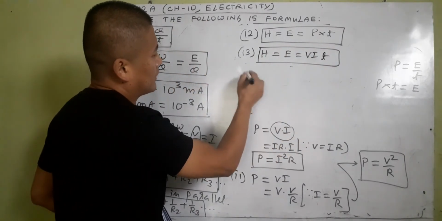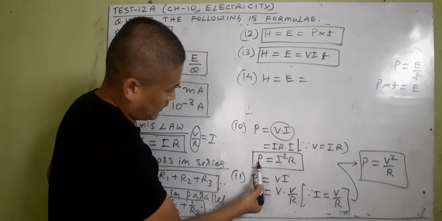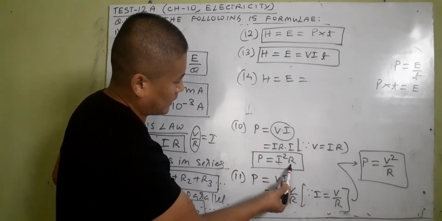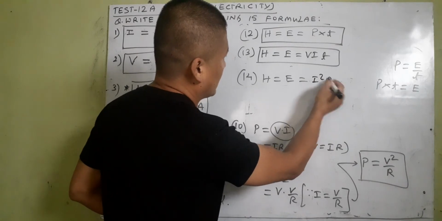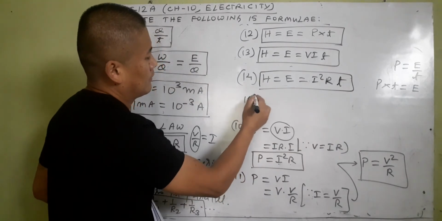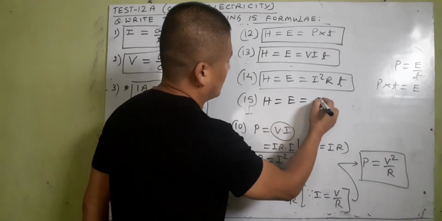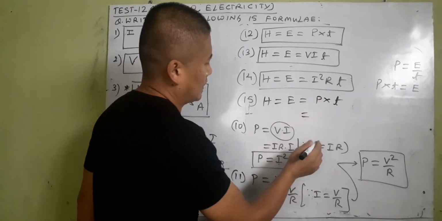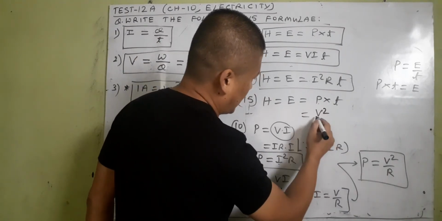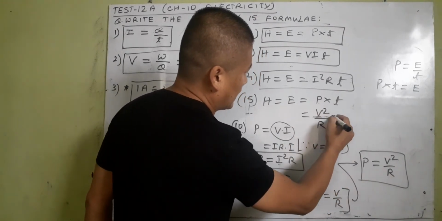Right, number 14, look at this formula. H = E = P into T again. P is number 10, I squared R, and with T it is I²RT. Number 15: H = E = P into T. Here P is V squared by R, and T here.